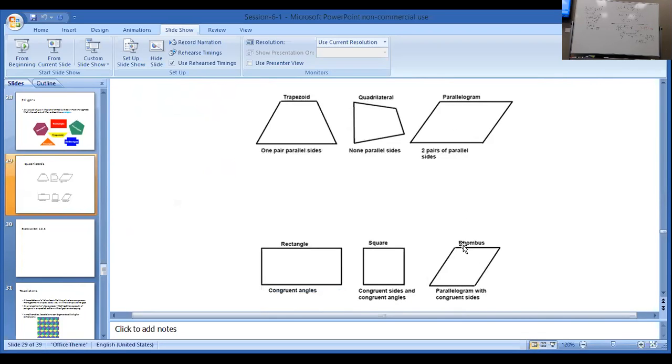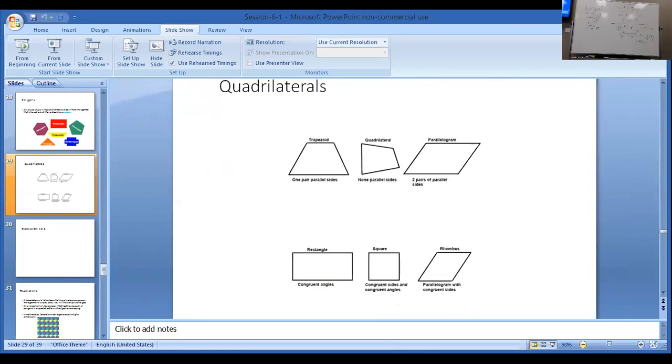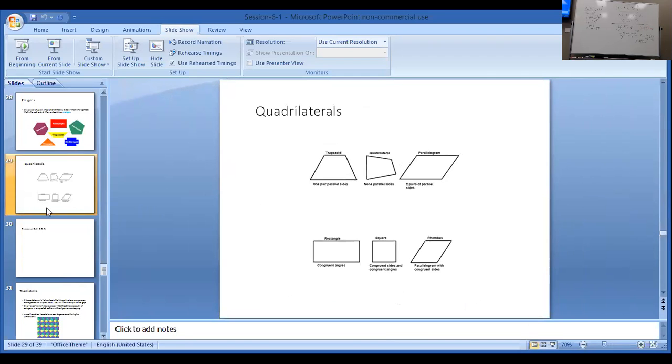A rhombus is a parallelogram where the sides are equal. See, in this one the sides are not equal. These two are equal, but not these. This is not equal to that. But a rhombus is like a square, you just tilt it. Okay. All right.